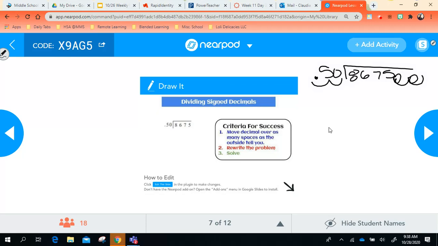So when I rewrite it, it looks like this. 867,500. So you have to be careful with this, and that's why I did this one, because I wanted to make sure that you knew that you still have to move over decimal places. There was even a 0 and 5 after.